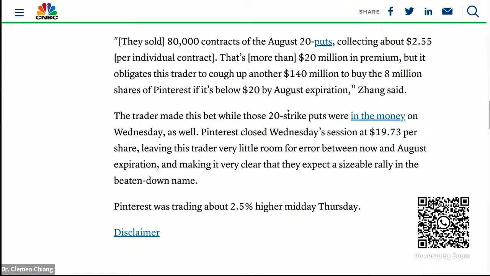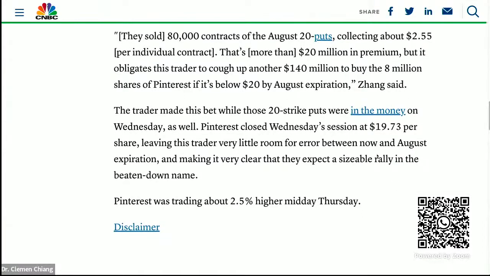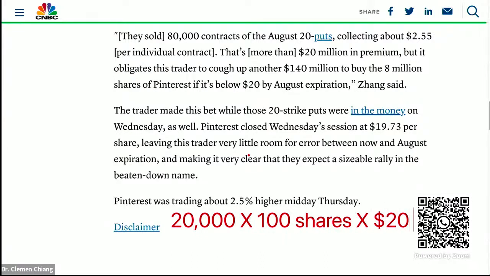How many contracts does he have? I'm going to calculate this right in front of you. We're going to do this math, really nice math. This is beautiful math. So 20,000 contracts multiplied by 100 shares at the strike price of $20.